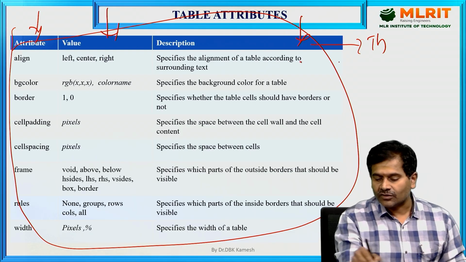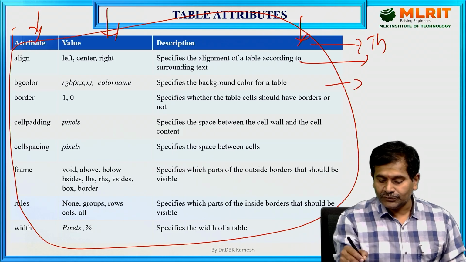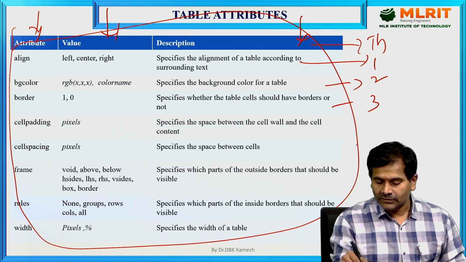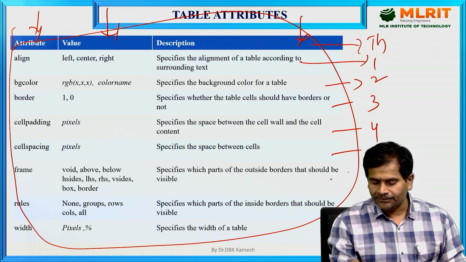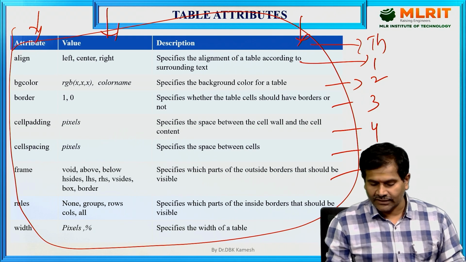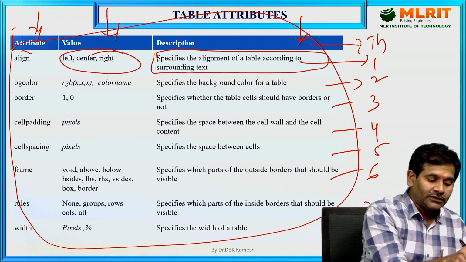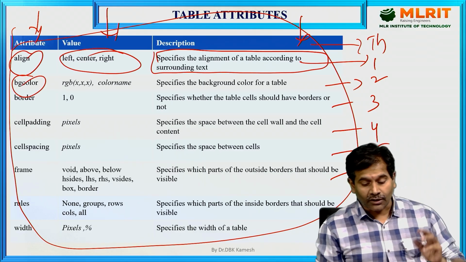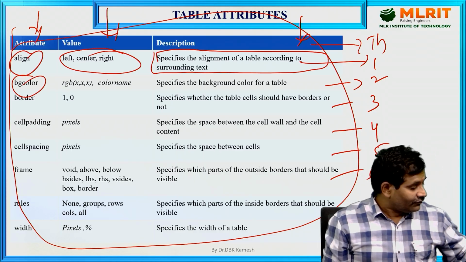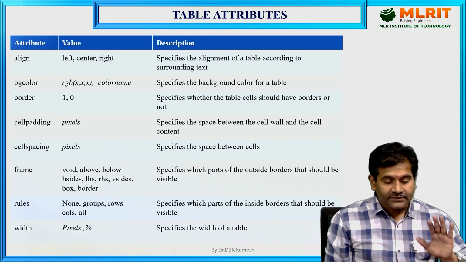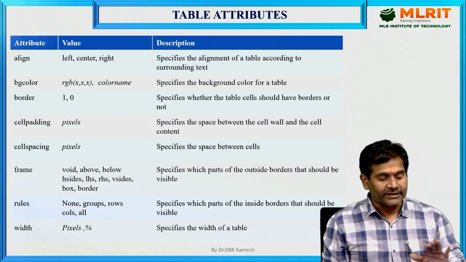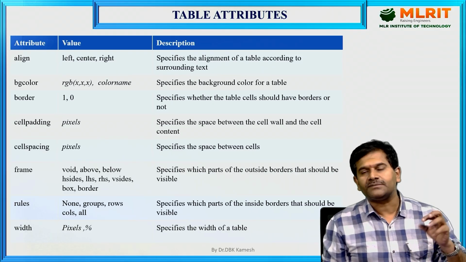Then rows 1, 2, 3, 4, 5, 6, 7, 8. This is the table data. So how do you fit it like this? Now we require some attributes.